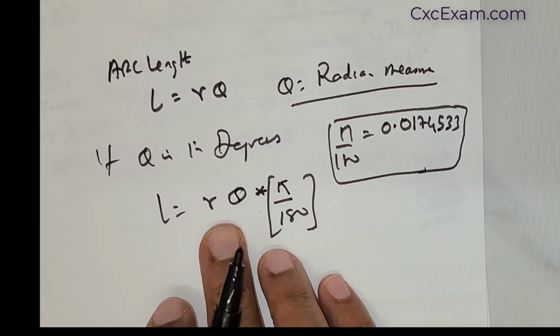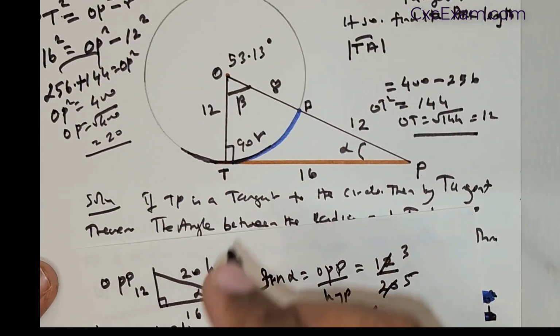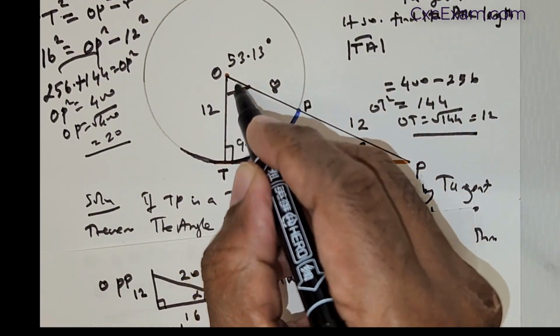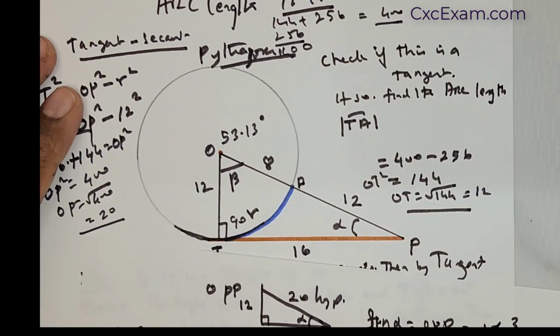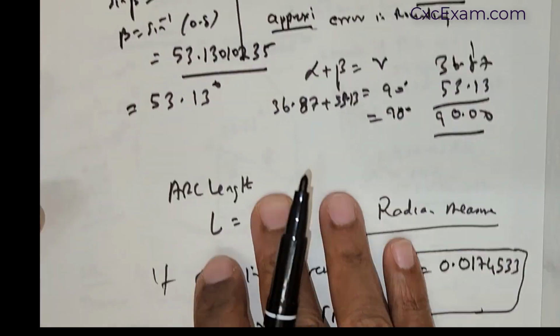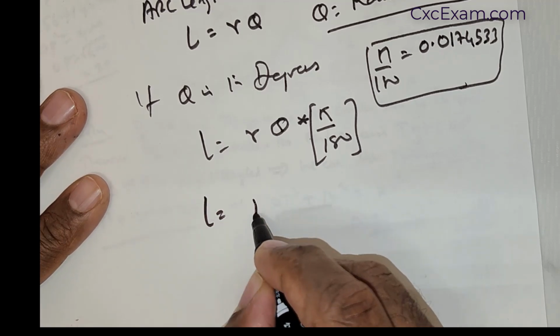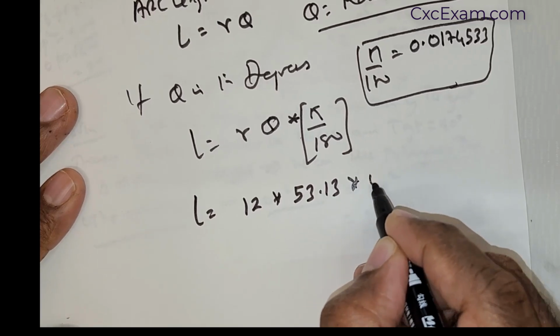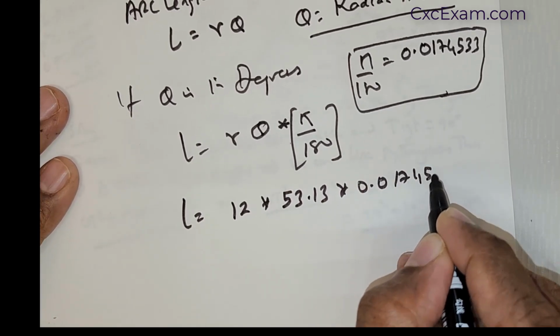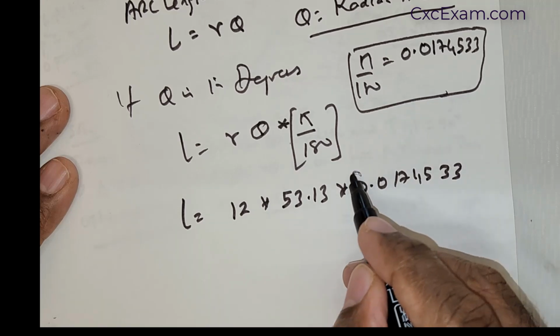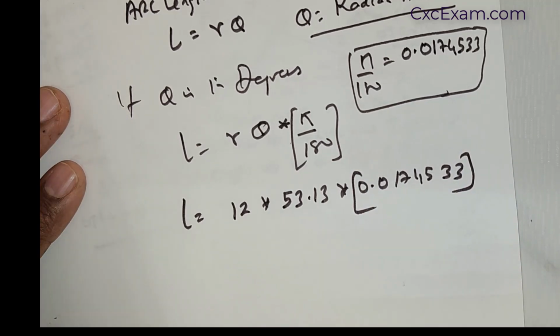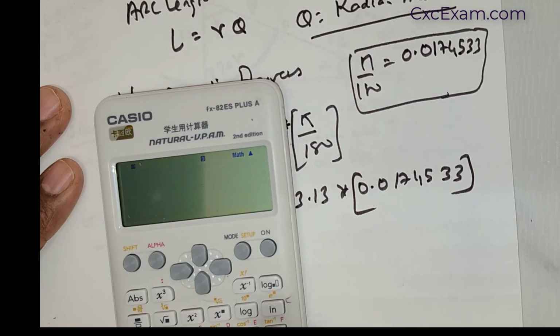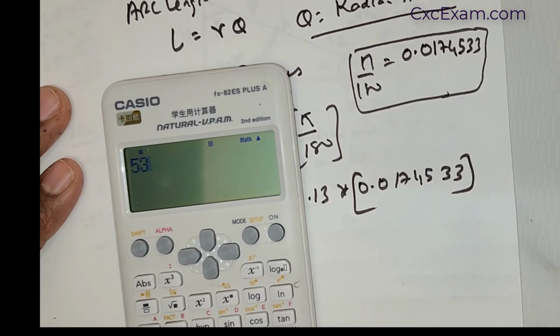So in our case, we are going to get this arc length, which is indicated here. For that, I will be utilizing this angle, and the radius is 12 units. So L is equal to 12 units times 53.13 multiplied with 0.0174533. This is the conversion factor. So you go to your calculator. 53.13 multiplied with 0.0174533.